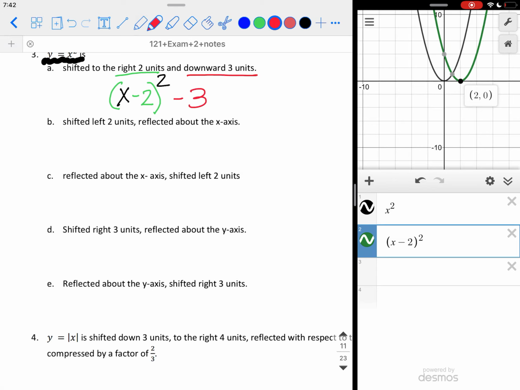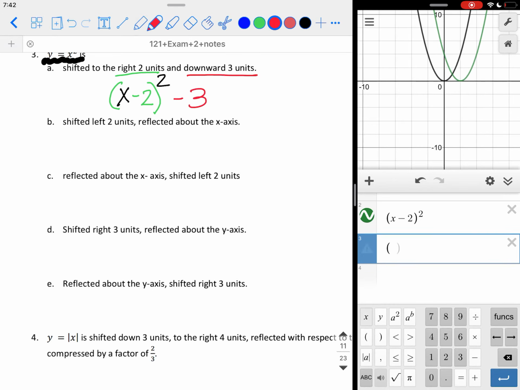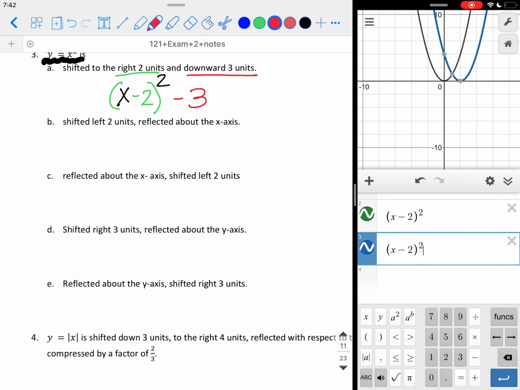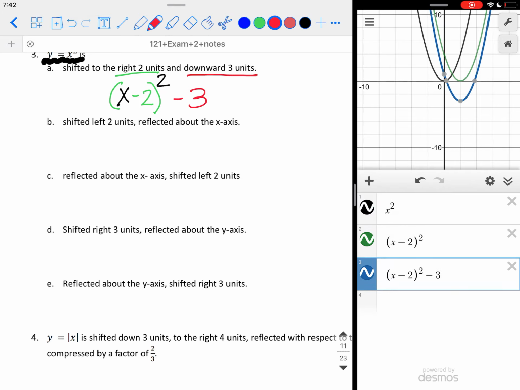And then the -3. So I'm going to have parentheses x -2 squared, and then -3. So before I put the -3, this blue graph, I want it to shift down 3 units for the kid to be born. And so it can match my color coding, should be red.